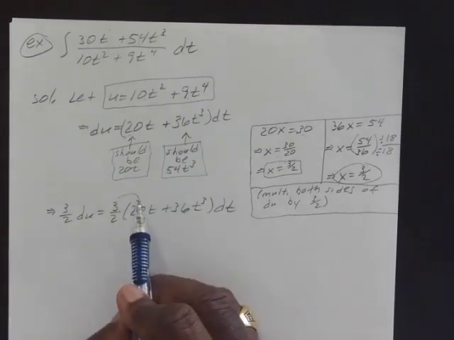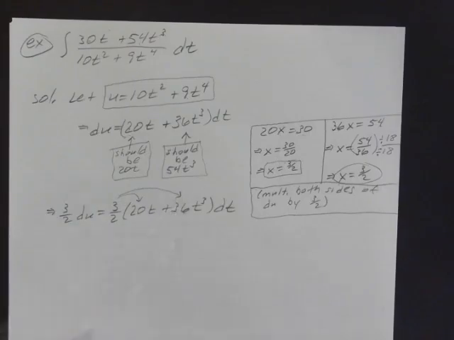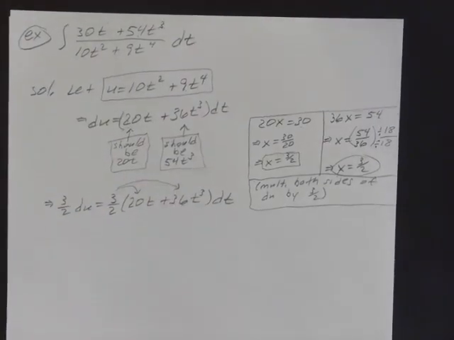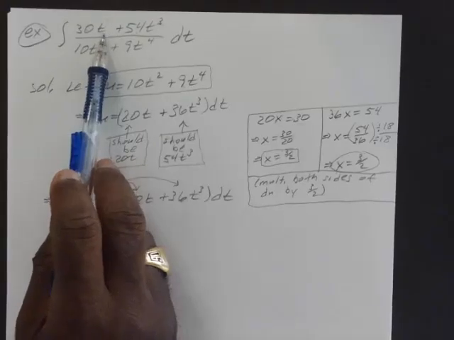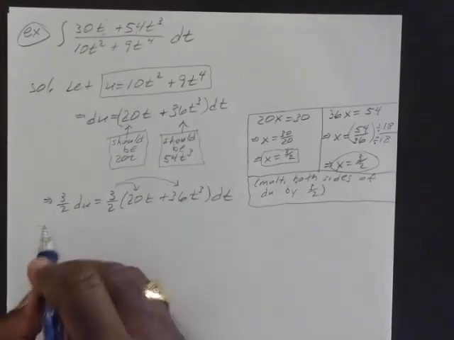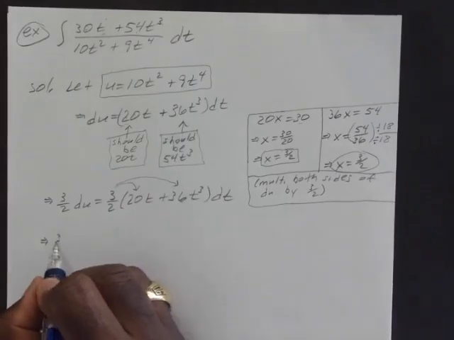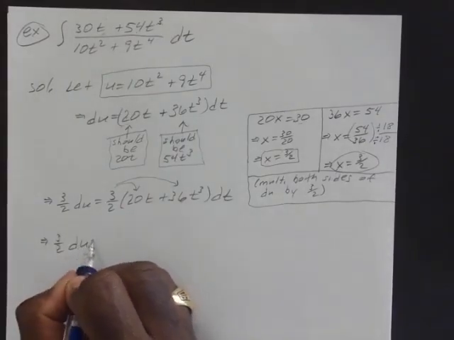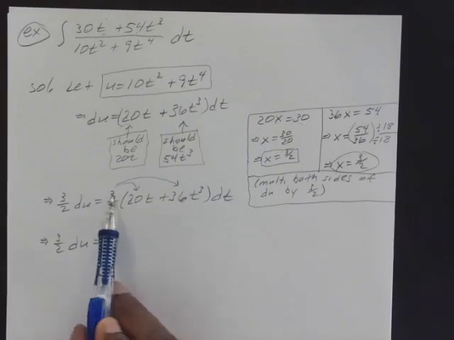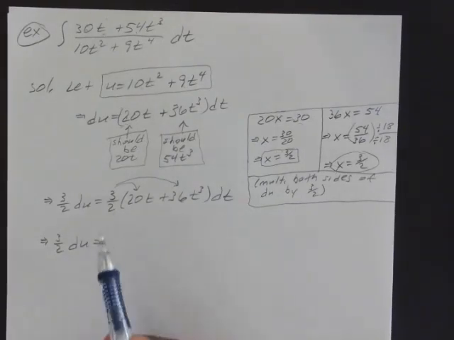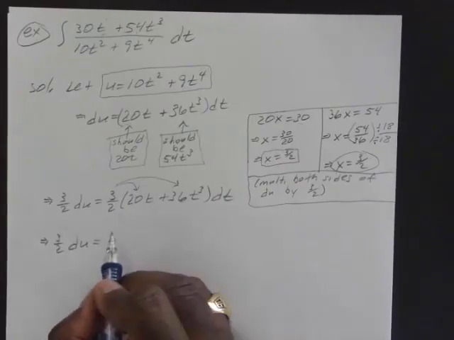Okay, so if we distribute that 3 over 2, and this is just a double check to make sure it's actually going to give us what we want it to give us. That means that 3 over 2 du is equal to 3 over 2 times 20 would give us 60 divided by 2, which is 30.